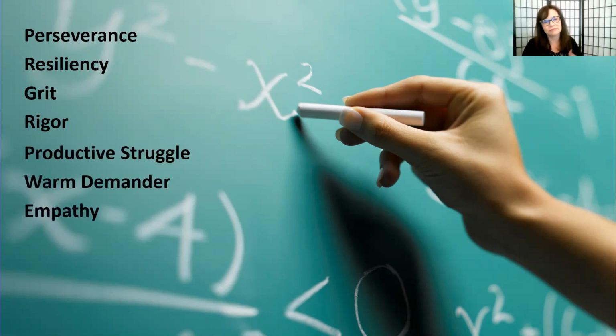With these terms, productive struggle, warm demander, empathy, sometimes there is an idea that they don't go together. And this business of being a warm demander or being empathetic means that you're giving away grades, or you're not keeping a rigorous classroom.